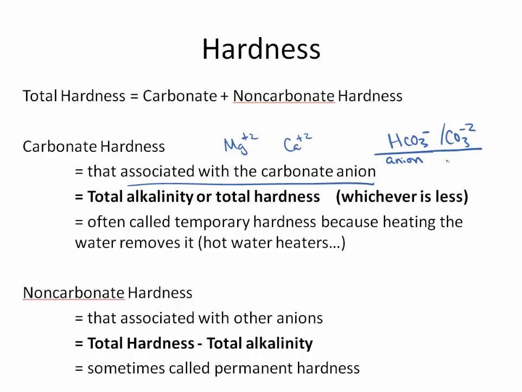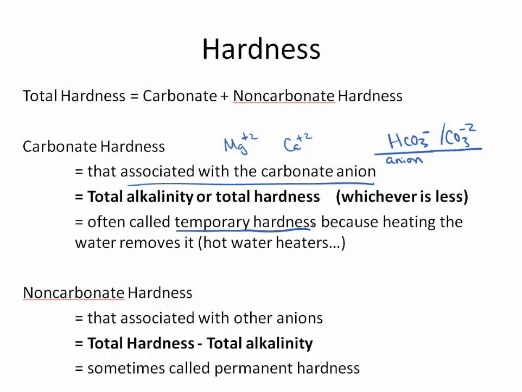Carbonate hardness is actually fairly easy to remove from water systems, and so it is sometimes referred to as temporary hardness, because heating the water typically removes it. And that's why hot water heaters have a lot of deposits on them.